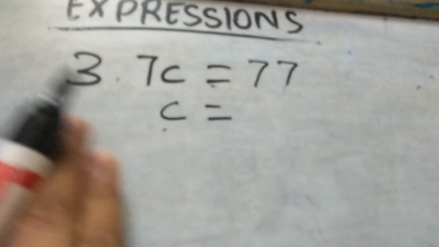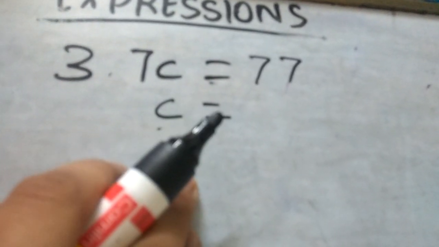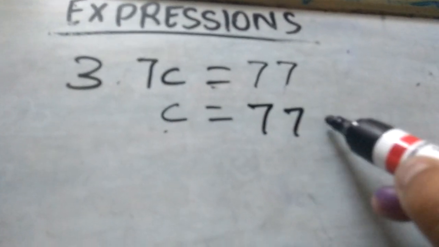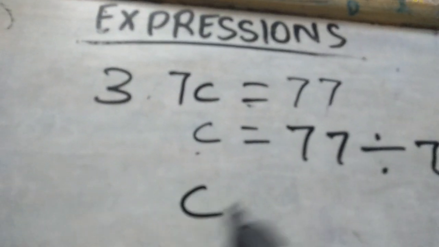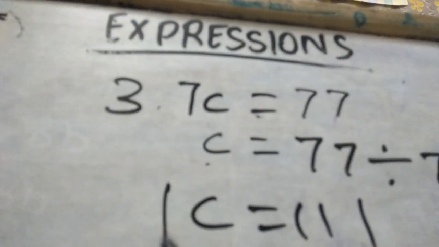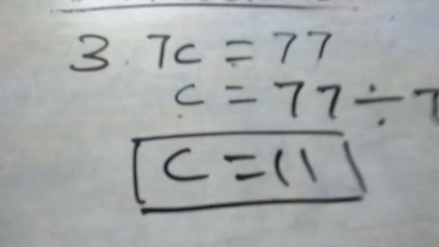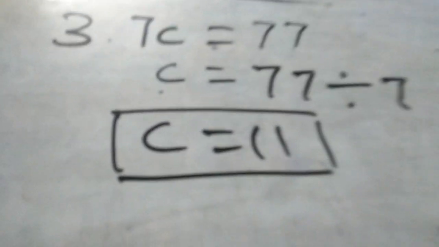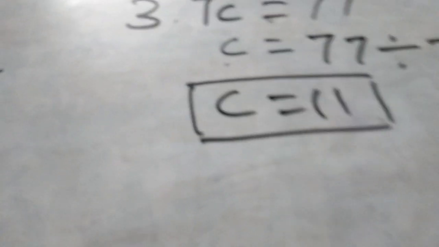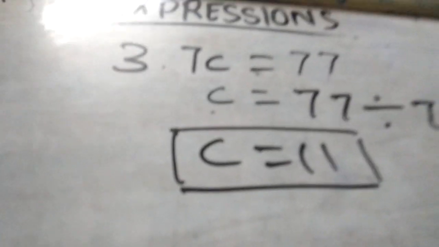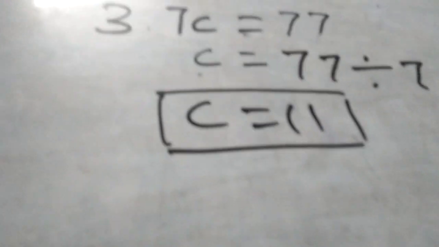So now we have c on one side, so no chance of any number coming here. So here 77 divided by 7. So c is equal to 11. That's how it is. It is very simple to understand. Only we are supposed to know which side the variable is supposed to go to and which side the numbers are supposed to go to.